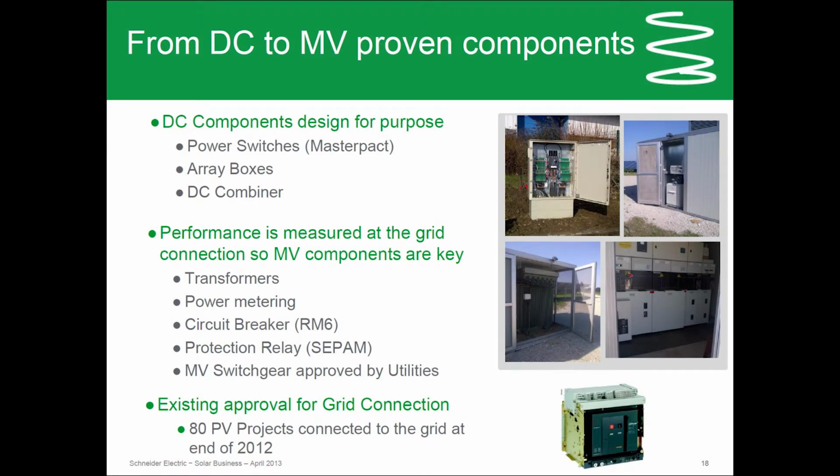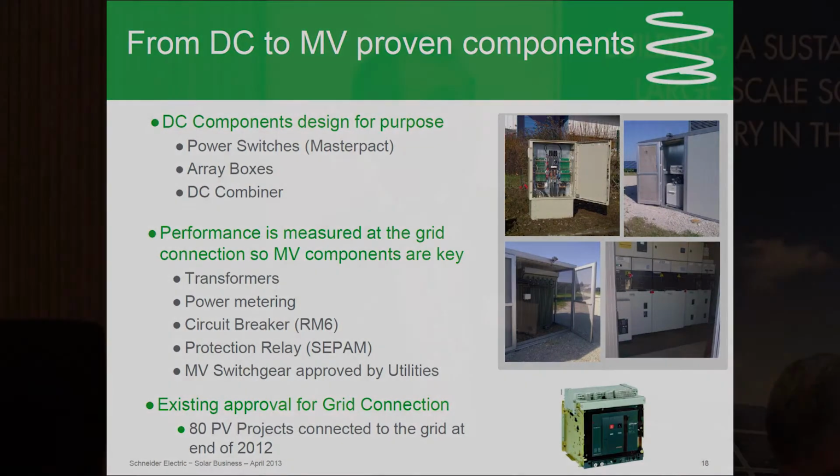I mentioned earlier, everything is integrated in one solution. If we start from the DC, you can include the power switch, you can include the array box, which you can see here with full monitoring capability, and the DC combiner box, which will collect all the array boxes before the inverter. Then when you go to the medium voltage, you of course have the transformer, metering, circuit breaker, and also the protection relay.